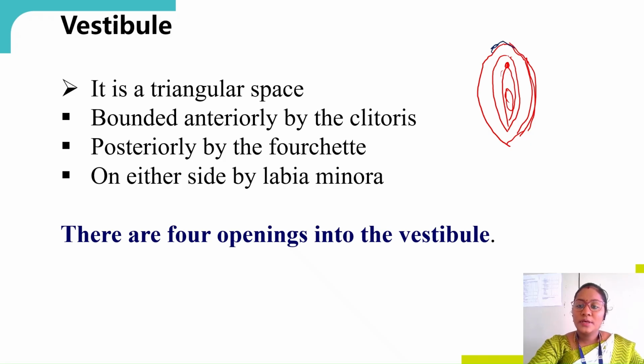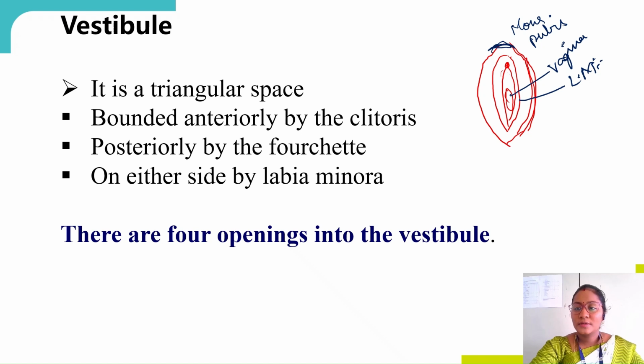This is the mons pubis, the hairy region. This is the vagina and then the hymen. I already showed it in the picture. This part is the labia minora and this part is the labia majora.